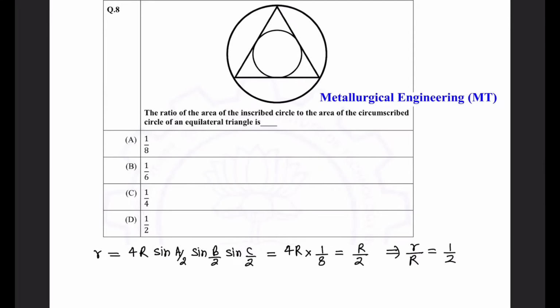And you have to find the ratio of the areas, so this is A1 by A2. A1 can be written as pi r1 square by pi R2 square, because I have taken capital R. So let me write capital R only: pi r square by pi R square, so r square by capital R square.